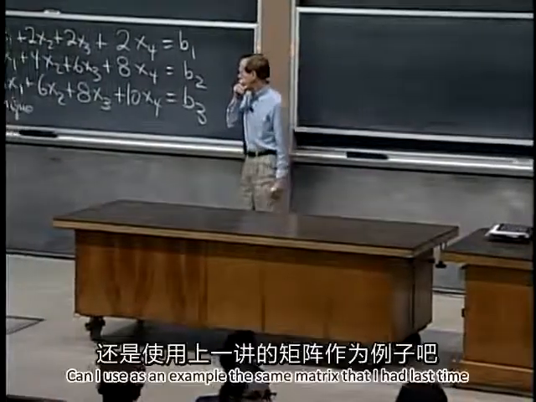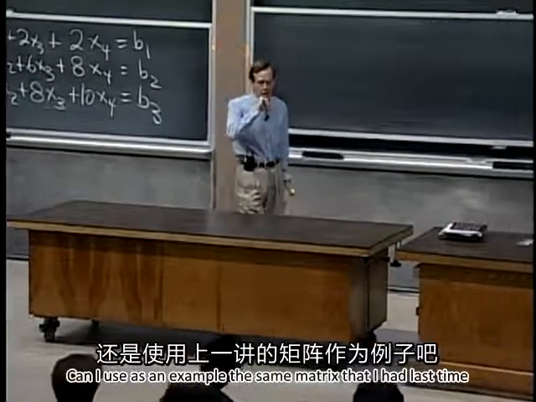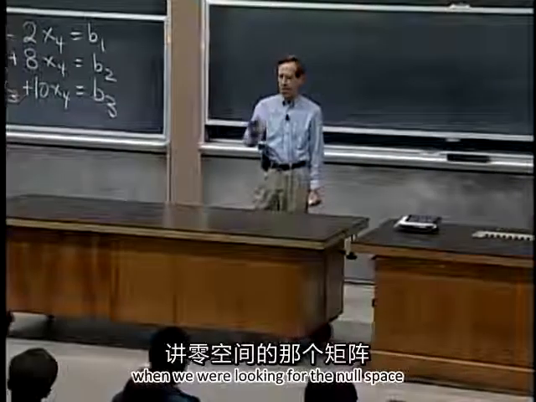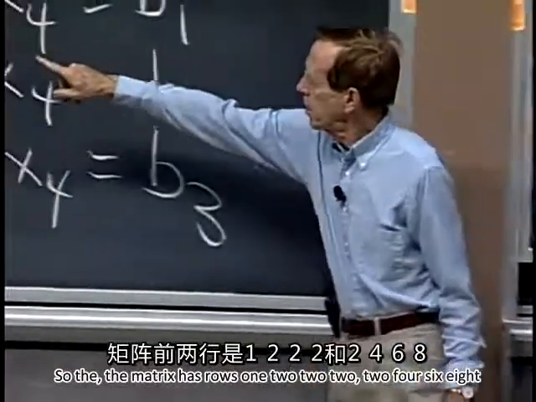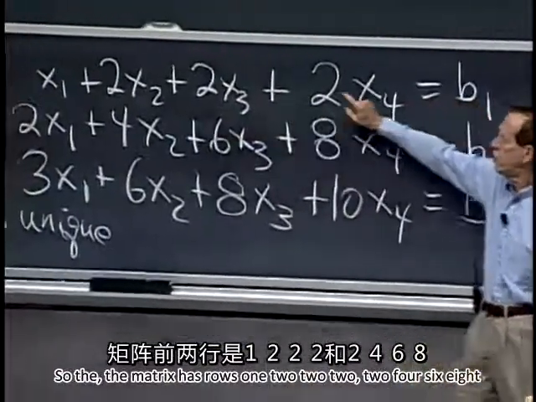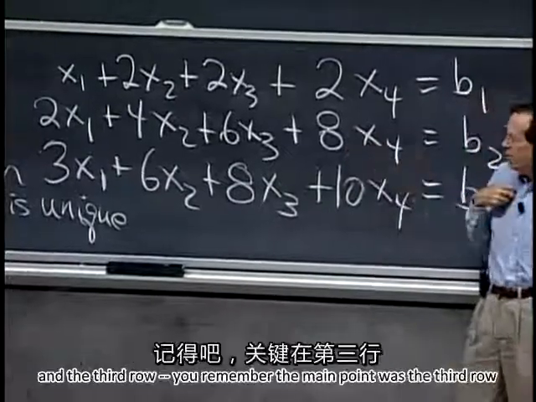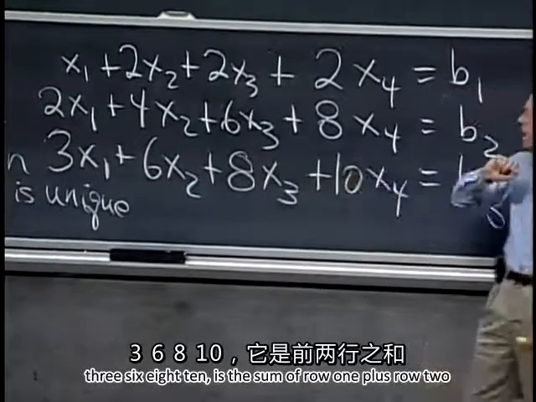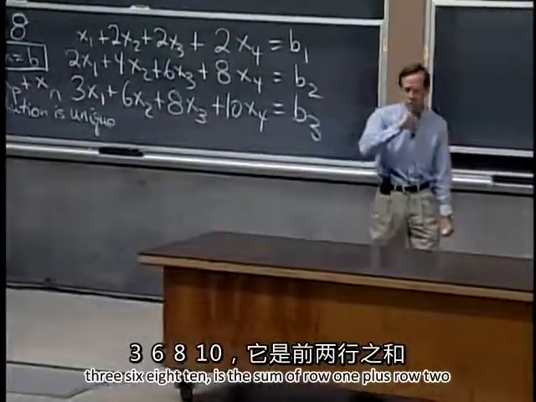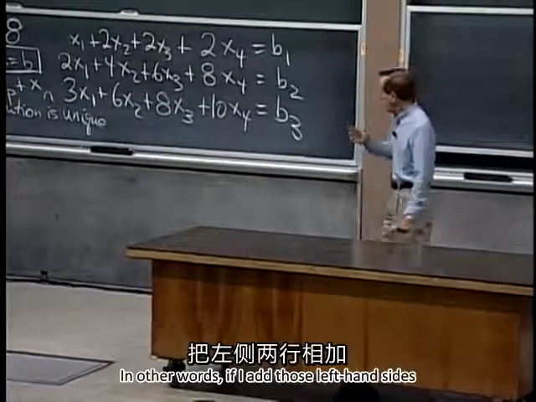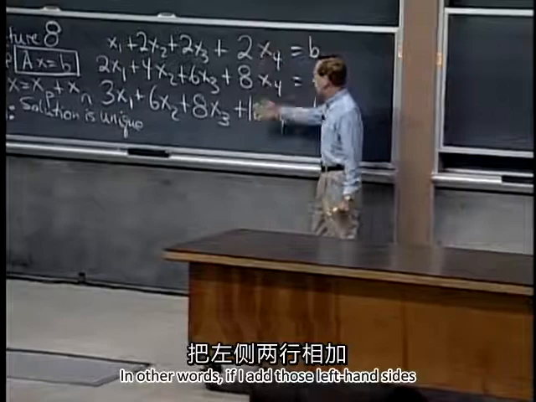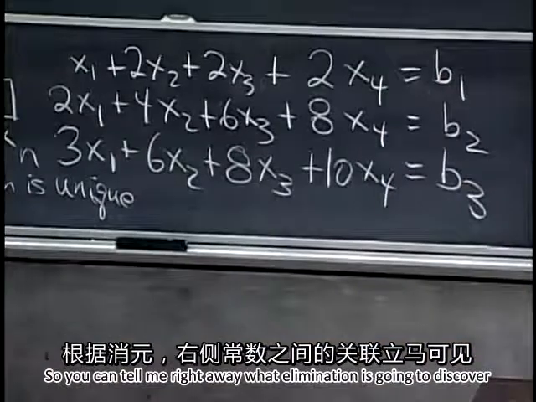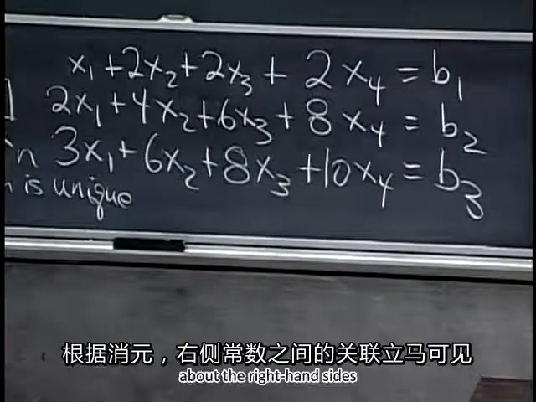Okay. Can I use as an example the same matrix that I had last time when we were looking for the null space? So the matrix has rows 1, 2, 2, 2; 2, 4, 6, 8; and the third row, you remember the main point was, the third row, 3, 6, 8, 10, is the sum of row 1 plus row 2. In other words, if I add those left-hand sides, I get the third left-hand side. So you can tell me right away what elimination is going to discover about the right-hand sides.